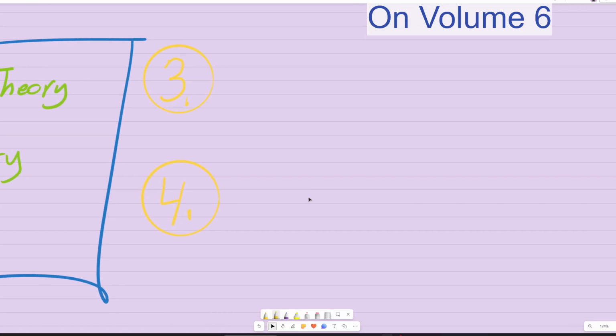Okay, so what's 3 and 4? 3 and 4 is the difference between a psychological function and a psychological type.